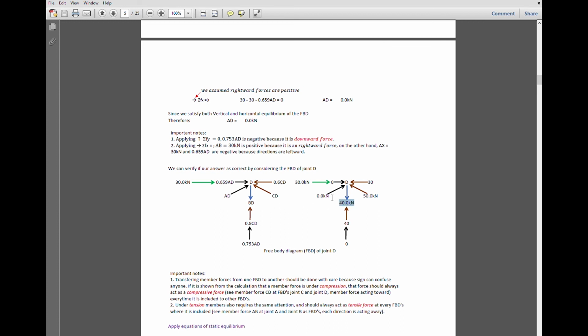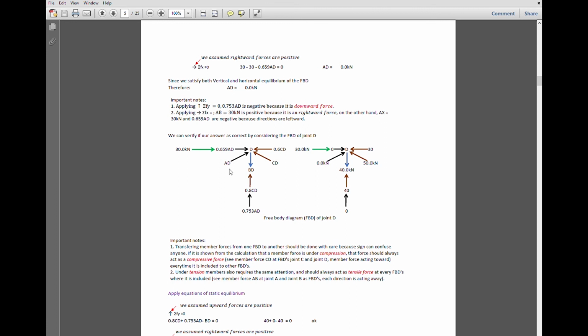So since AD is equal to 0, yung horizontal component niya is 0, vertical component niya is 0. And since nakuha natin kanina dun sa CD is 50 kN, alam natin na ang horizontal component is 30 kN, and yung vertical component is 40 kN. So 40 upward, 40 downward, that is equal to 0. Then 30 to the left, 30 to the right, that is also equal to 0.